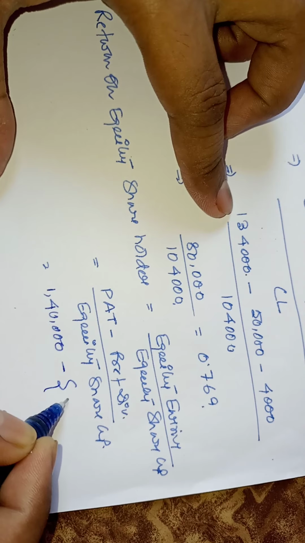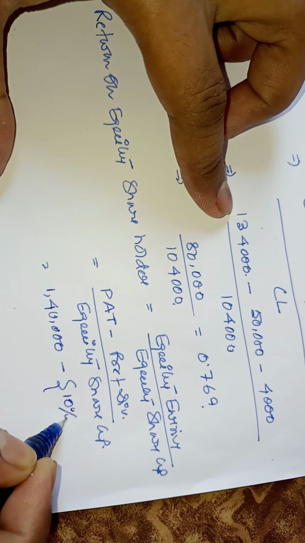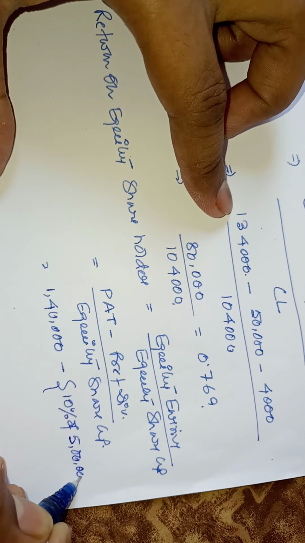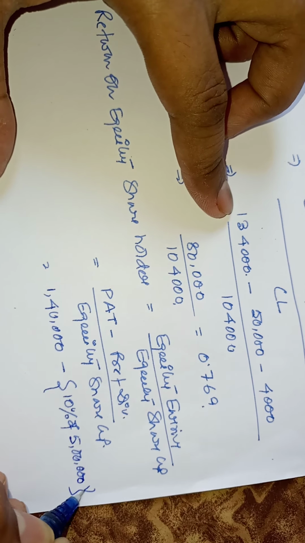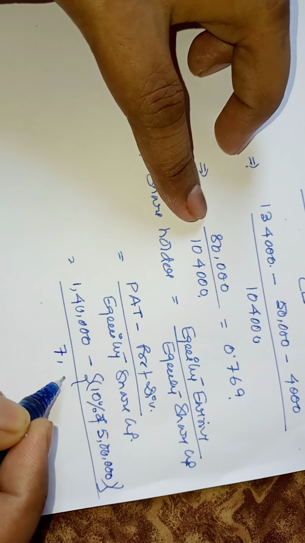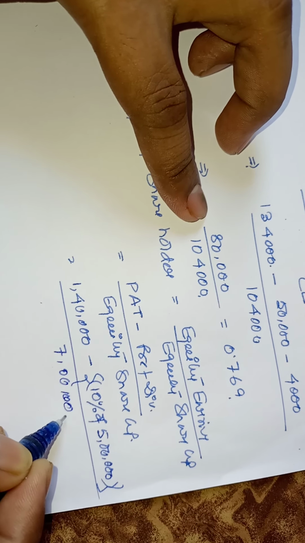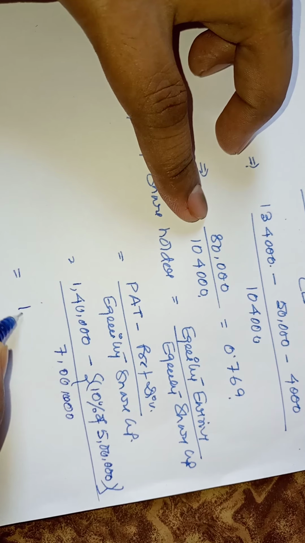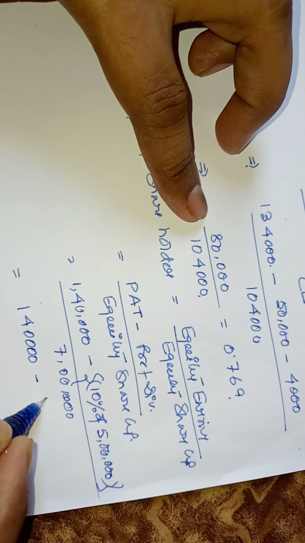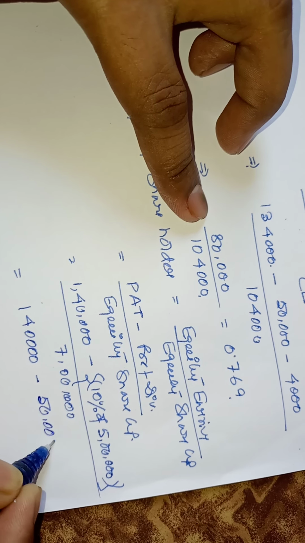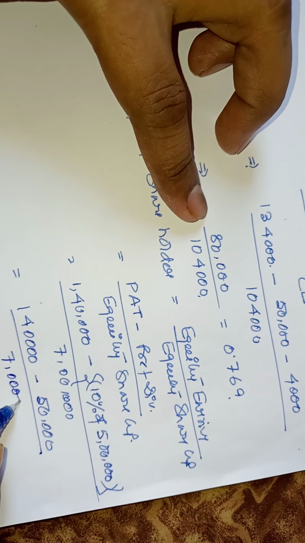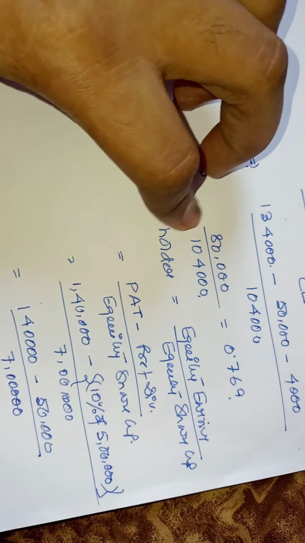Preference dividend we can write as 10% of the preference share capital, that is 5 lakhs, divided by equity share capital, which is 7 lakhs. So 1,40,000 minus 50,000 by 7 lakhs.